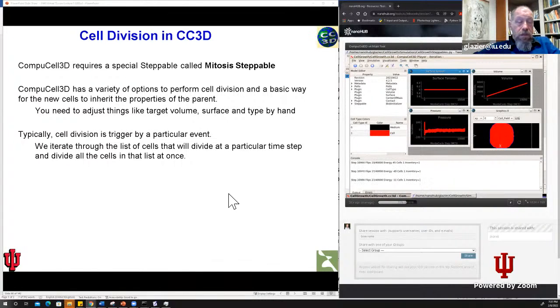And so what we're going to typically do is sweep all of the cells in our simulation, or the ones that are in cell cycle. We're going to ask the question, should they divide or not? We're going to make a list of the ones that are going to divide and then pass it to this function that's going to do the division. And so we're not going to do division on the fly. We're going to do it all at once in clumps.